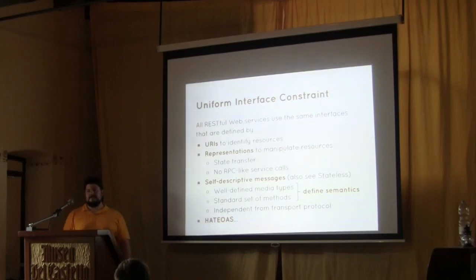The next one, it's a rather big one, the uniform interface constraint. That's basically how you design an interface for your RESTful web services. So you need to use URIs to identify your data elements, the resources, and you use representations, so representational state transfer, to manipulate these resources.